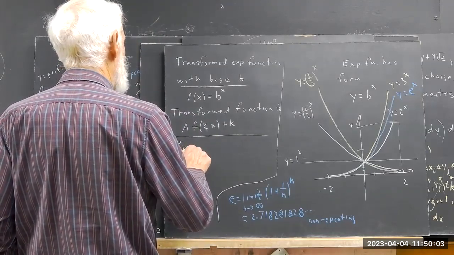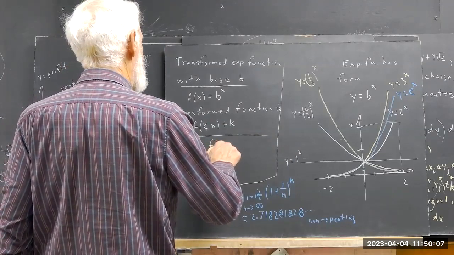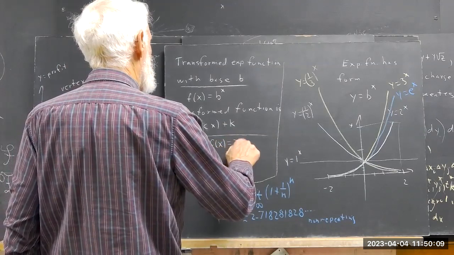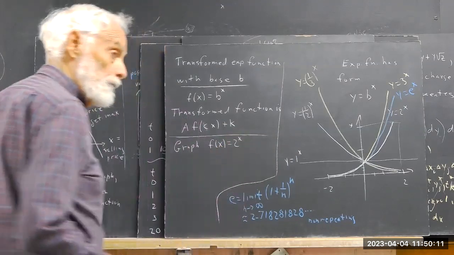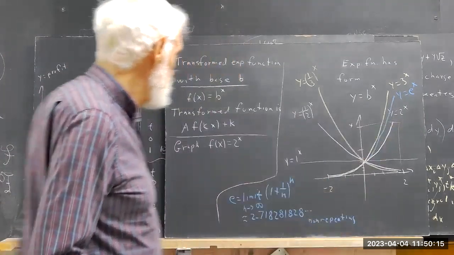So let's get a graph. The 2 to the x function looks like this.